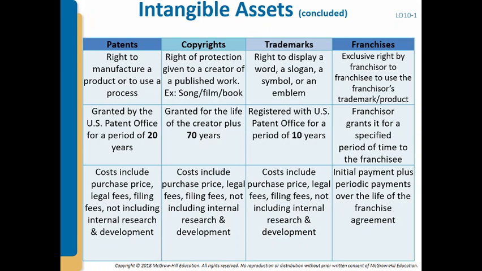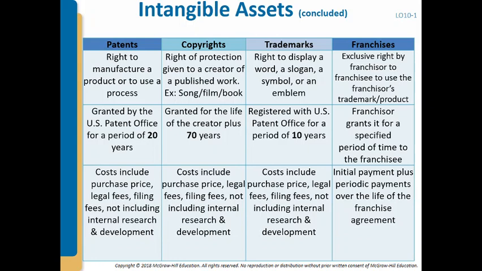So the types of intangible assets you could have are patents, copyrights, trademarks, franchises. A patent is a right to manufacture a product exclusively or use a process exclusively. The U.S. Patent Office, if granted, gives you exclusive rights for 20 years.